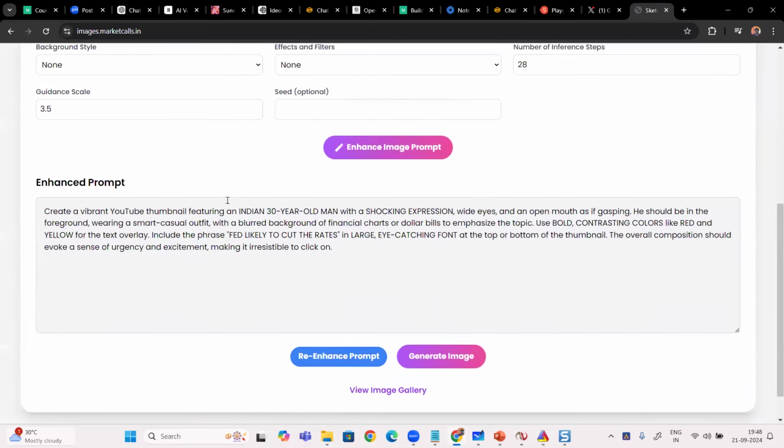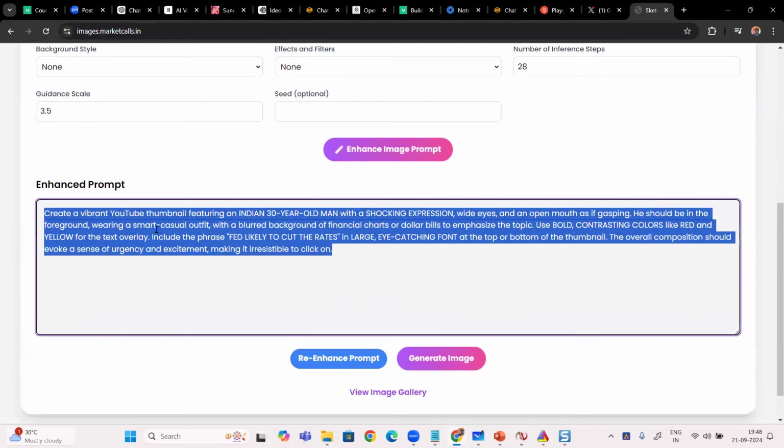This content is coming from the GPT-4o mini model. Now it says: create a vibrant YouTube thumbnail featuring an Indian 30-year-old with a shocking expression, wide eyes, and open mouth as if gasping. He should be in the foreground wearing a smart casual outfit with a blurred background of financial charts and dollar bills to emphasize the topic. So now it's over-exaggerating the content.